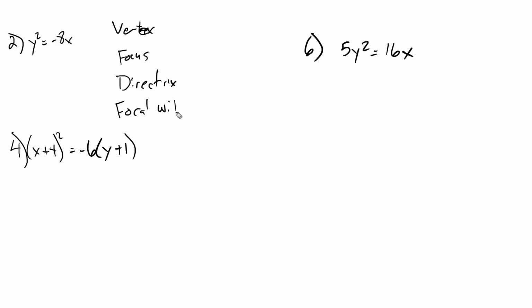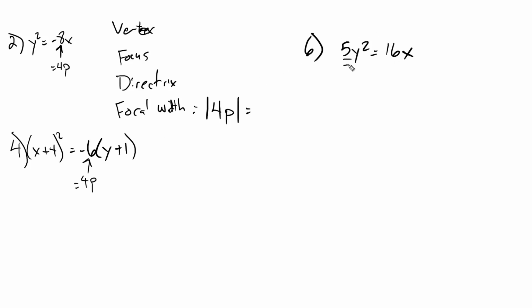Now from the PowerPoint, focal width is going to be easiest because it's the absolute value of 4p, which in this case, this right here is equal to 4p.